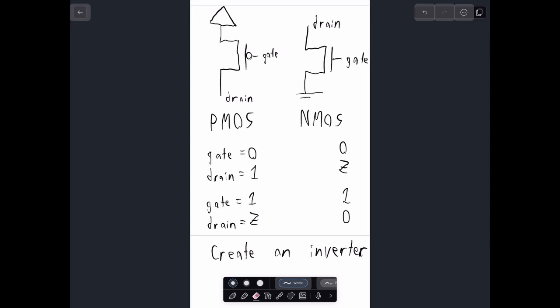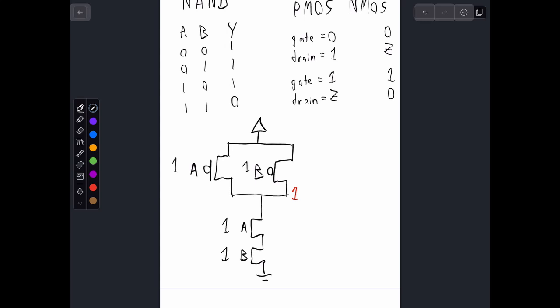Let's check 1, 1 now. I'll write it out. If we have 1 and 1, I think we established already that the PMOS will not drive anything. They will be high impedance. But for the NMOS, when we have the NMOS set to 1, now it drives to 0. So this B right here will correctly drive this to 0.